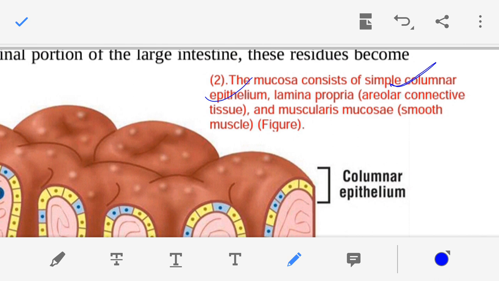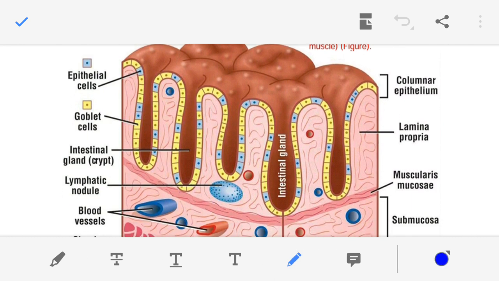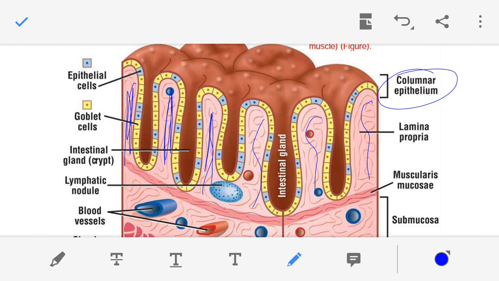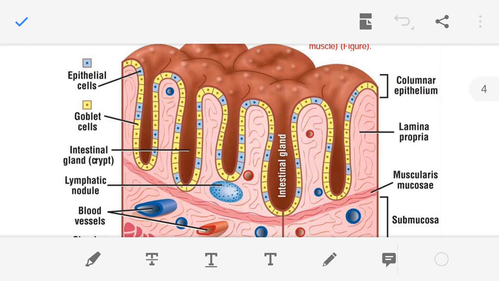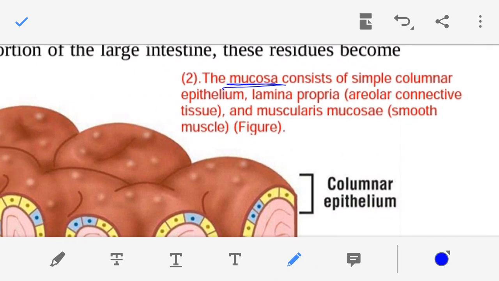Then after the epithelium, the lamina propria is present. What is lamina propria? It is areolar connective tissue, just beneath the columnar epithelium. Then in the mucosa, the muscularis mucosa is also present, and it is made up of smooth muscle.